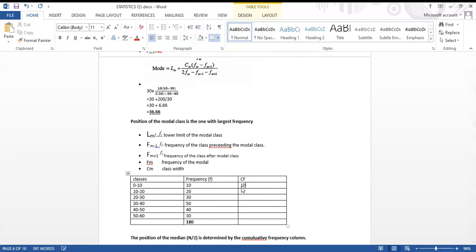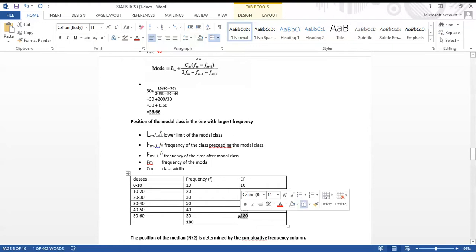We have 10, right? 10 plus 20, that is 30. 30 plus 30, that is 60. 60 plus 50, that is 110. 110 plus 40, that is 150. 150 plus 30, that is 180.